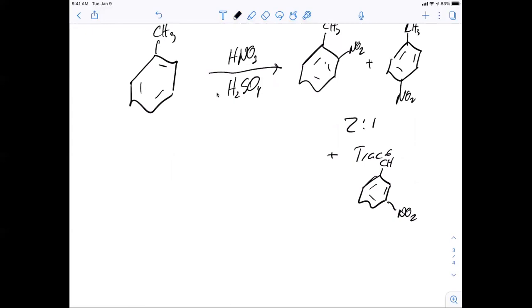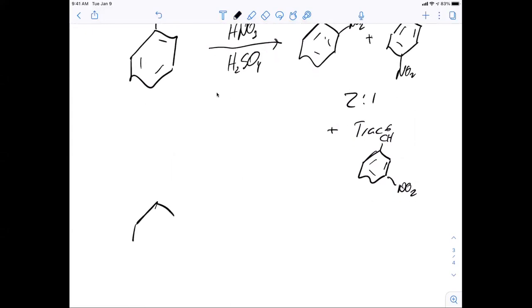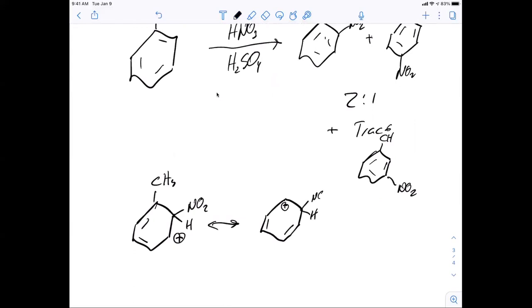Okay. And then on this one, what we saw is that if we were adding this nitro group here, we ended up with this positive, and we could delocalize that positive over to the methyl group. And that stabilized our functionality, right? Which means it activated it. It made it go faster.